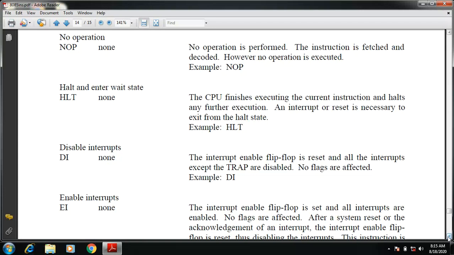HLT indicates the end of program. The CPU finishes executing the current instruction and halts any further execution.